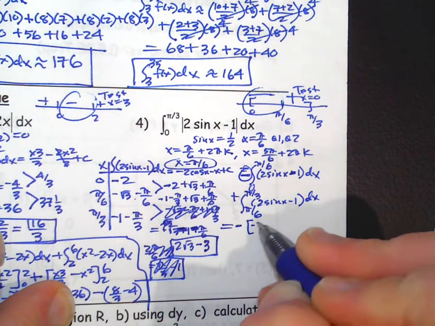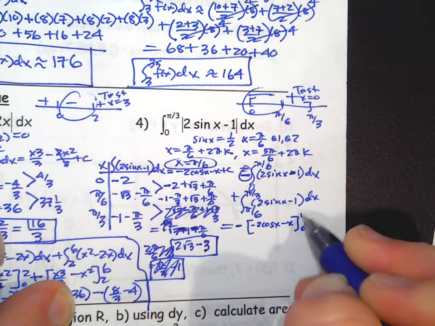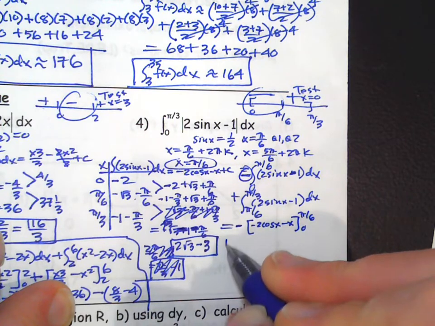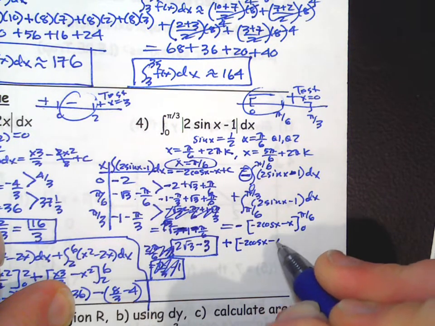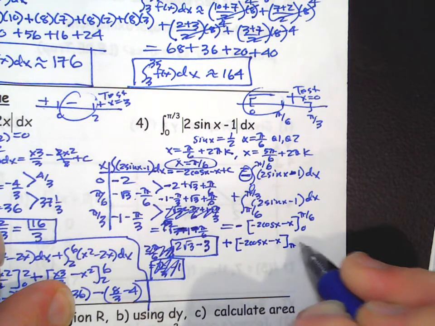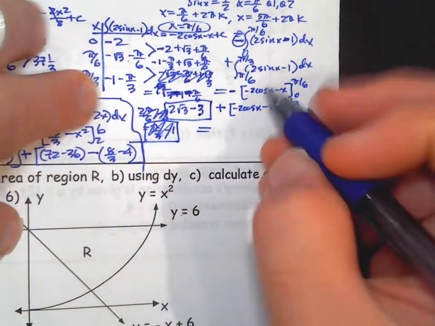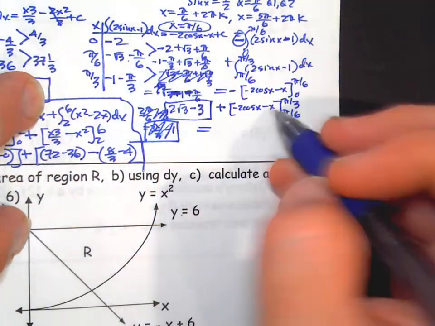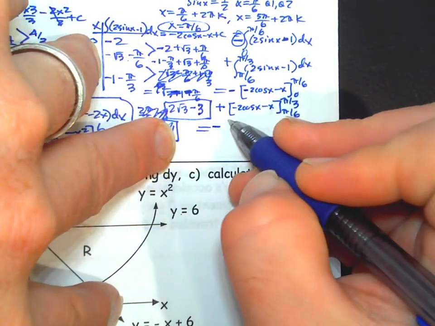It's going to be negative 2 cosine x minus x plus negative 2 cosine x minus x, pi over 6 to pi over 3. And then you got to plug these values in. Now, this one, I think it's harder to subtract the wrong way, but it's just a lot more little calculations. So it's a trade-off.